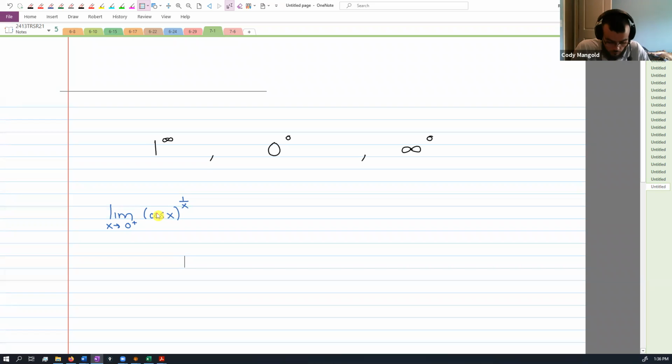So the base is approaching 1. We're not saying it is 1, it's getting closer and closer to 1. So maybe it's like 0.99999999742, and then a little closer, 0.999999999999421, something. It's approaching 1.